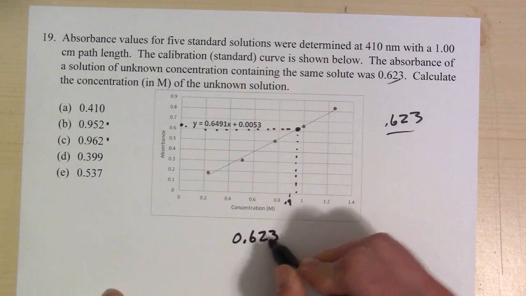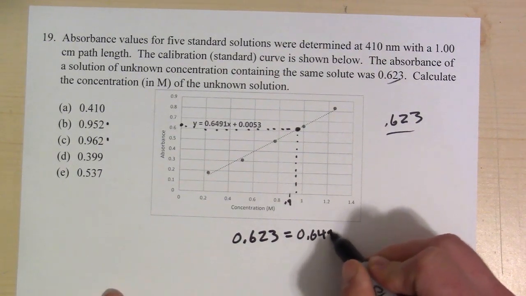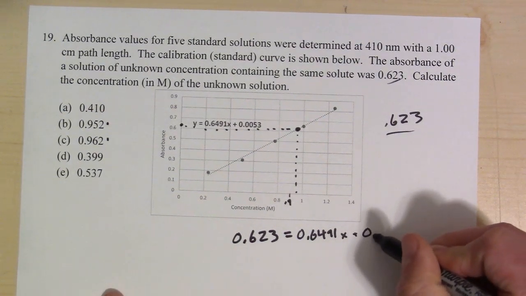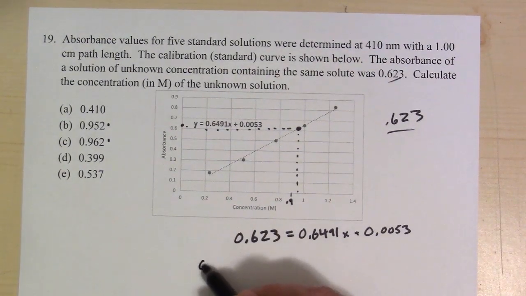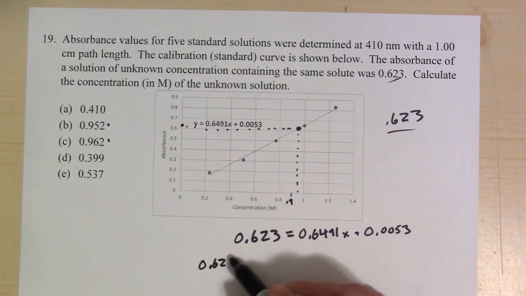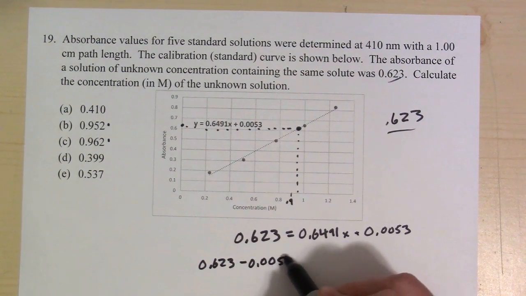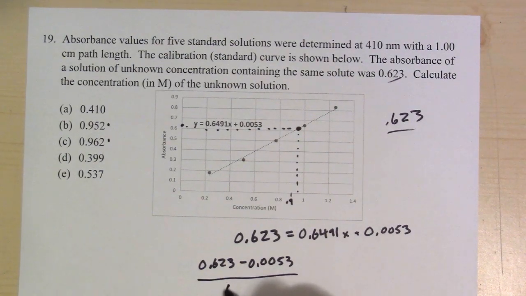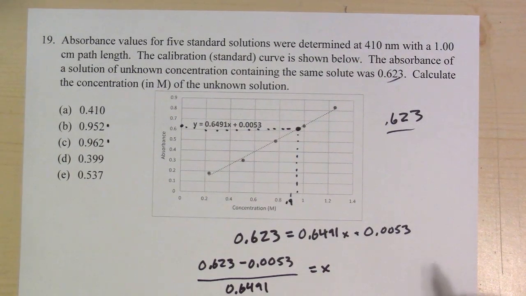So 0.623 will then be equal to 0.6491x plus 0.0053. We'll subtract 0.0053 from 0.623 and then divide that by 0.6491 in order to solve for x.